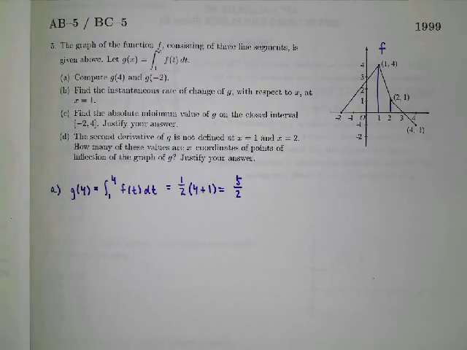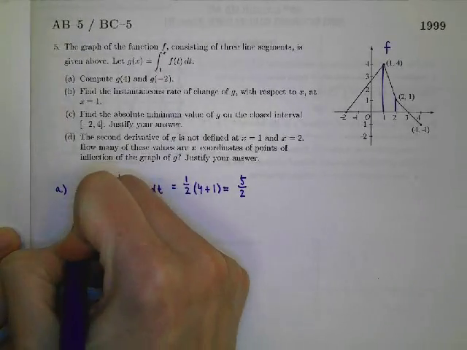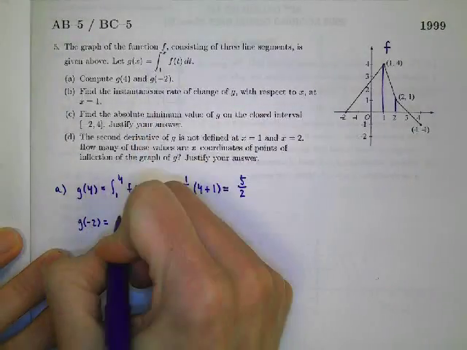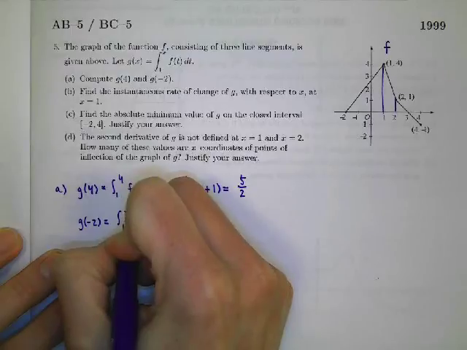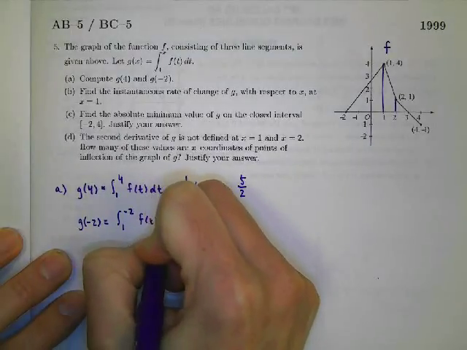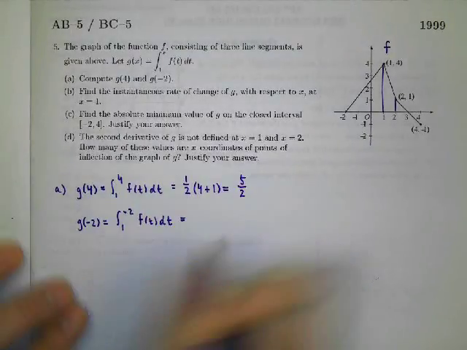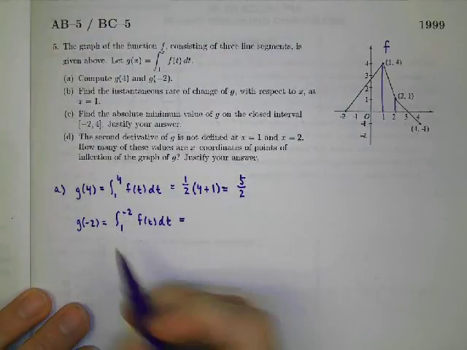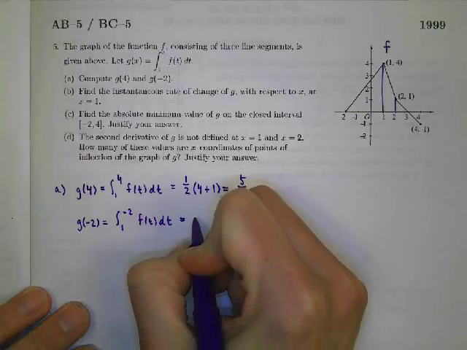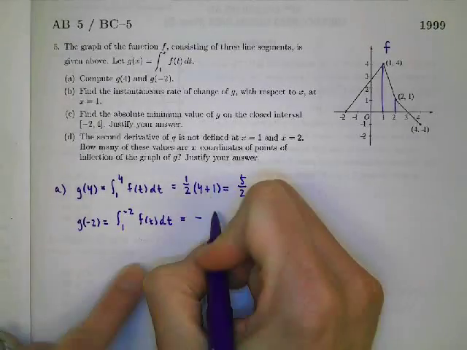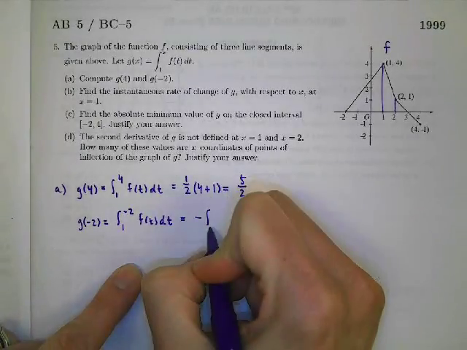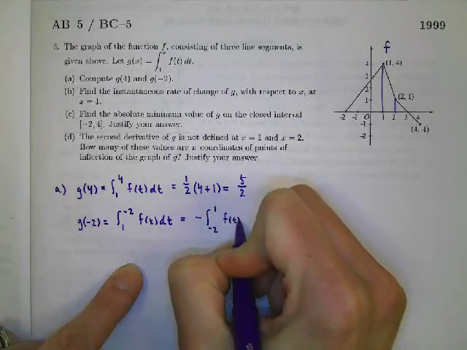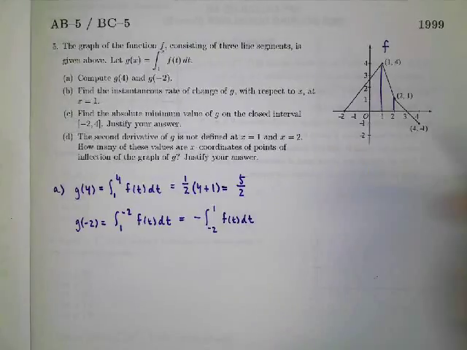Okay, so now for the next one, I have g of negative 2. So g of negative 2, again using my definition of g, is the integral from 1 to negative 2 of f of t dt. Now, what I notice first is that my order of integration here is backwards. So I'm going to change that. Again, we know if we change the order, we have to use the negative. So now it's the opposite of the integral from negative 2 to 1 of f of t dt.